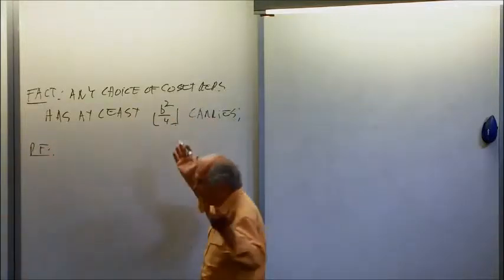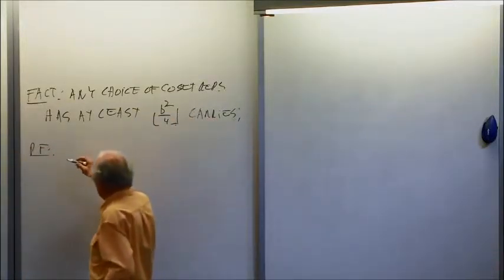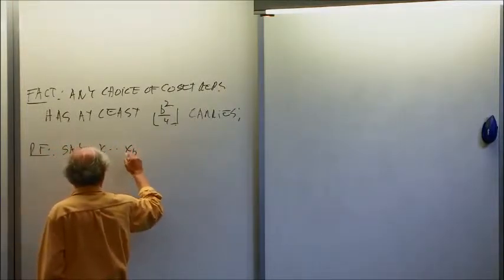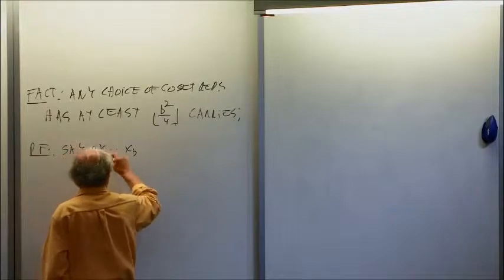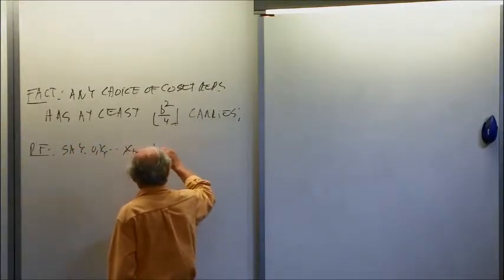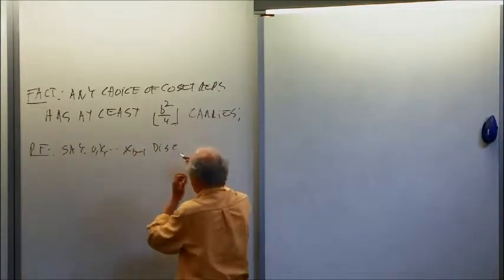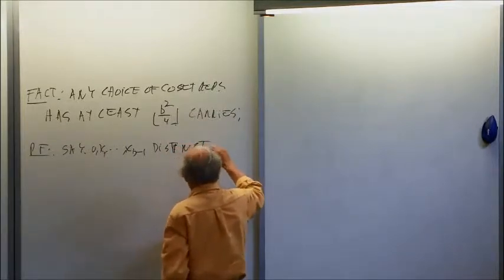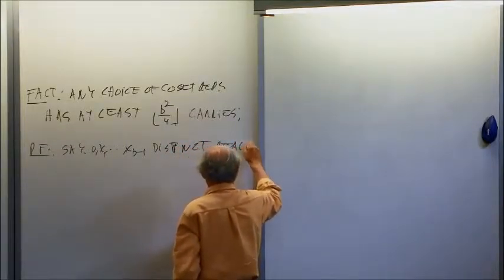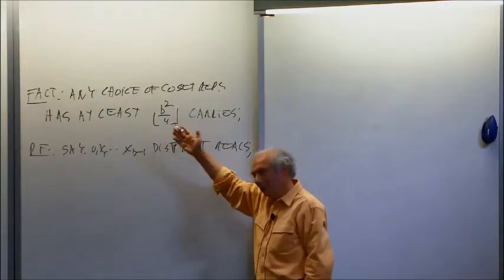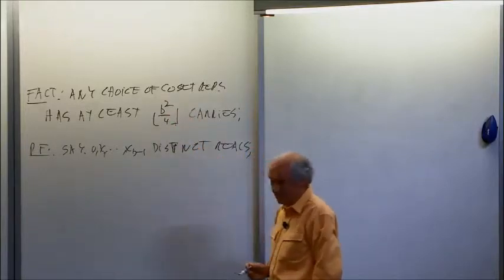This is a fact about real numbers. Say x1 up to xb, let me put 0 in, are b minus 1 distinct real numbers, our coset representatives. You will have to have this many carries.